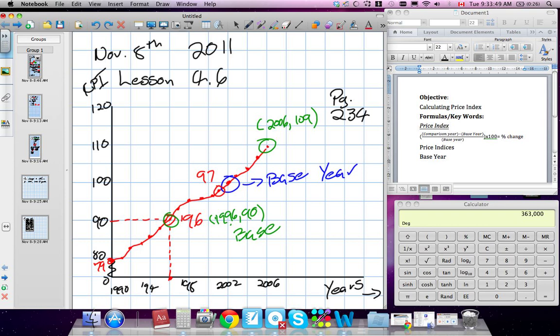Now, I have to go back 5 years from 2001. So we're looking at what year in this case? 1996. When I go to 1996, we know our CPI is 90.